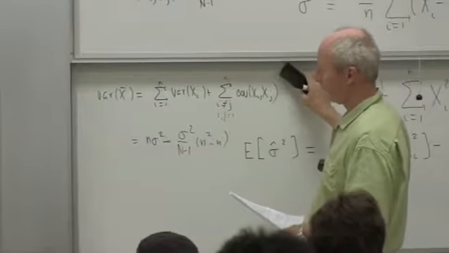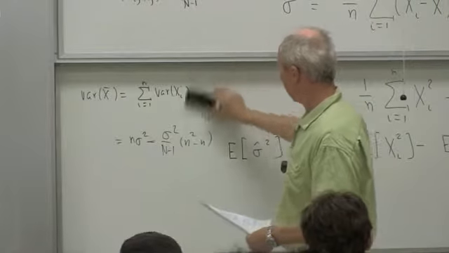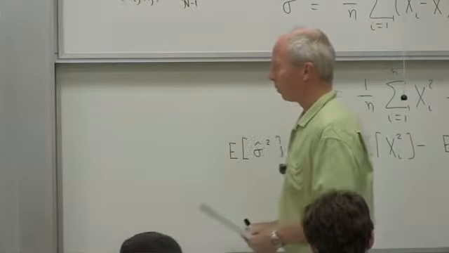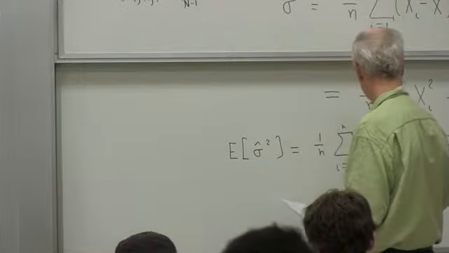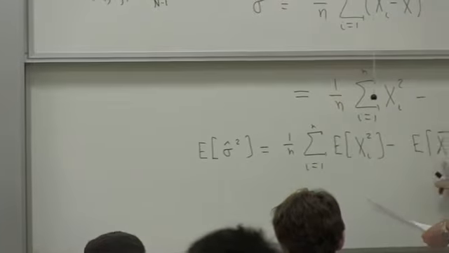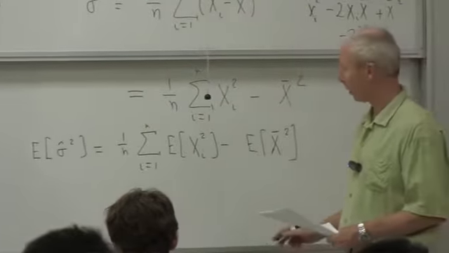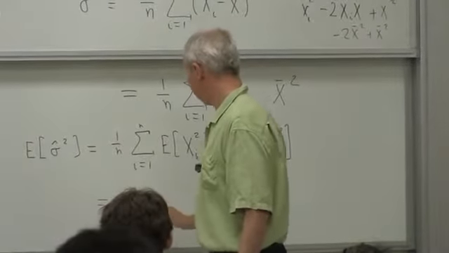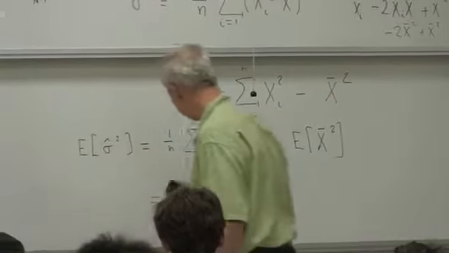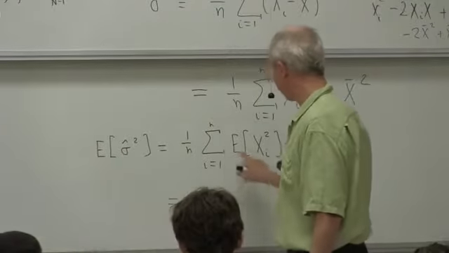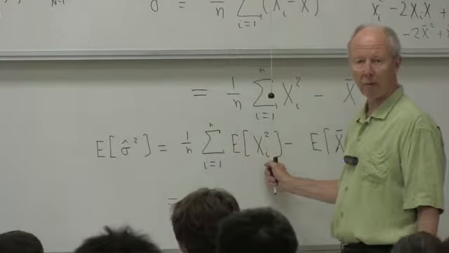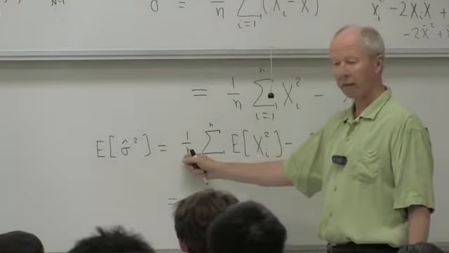Okay, so we have to substitute what we just found for these two things. And what do we get? Well, actually I can erase, I don't need this 1 over n because all of these are the same, right? So I'd get n times the common value, but then I divide by n.